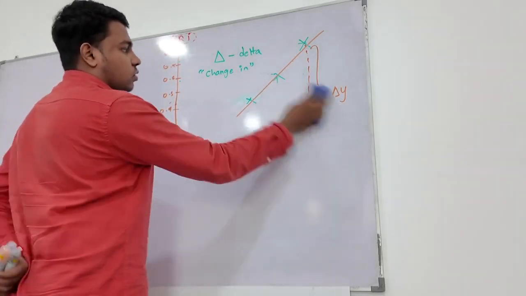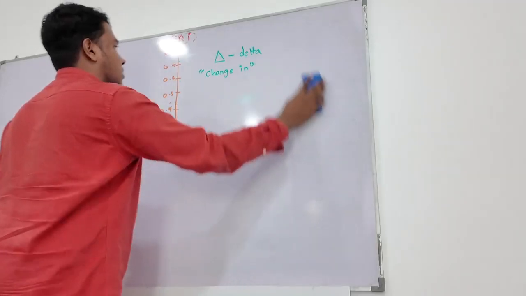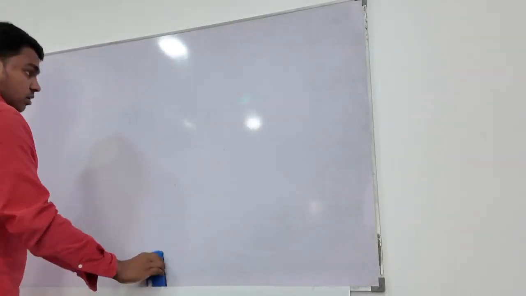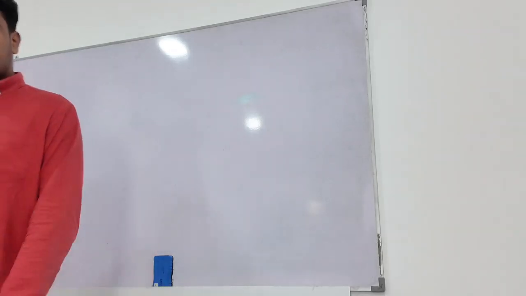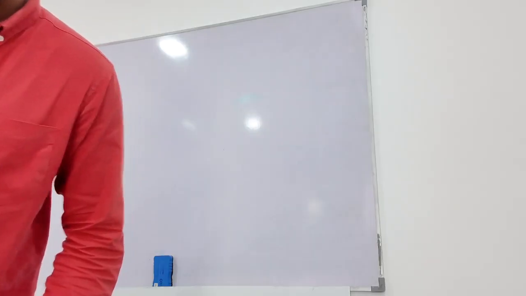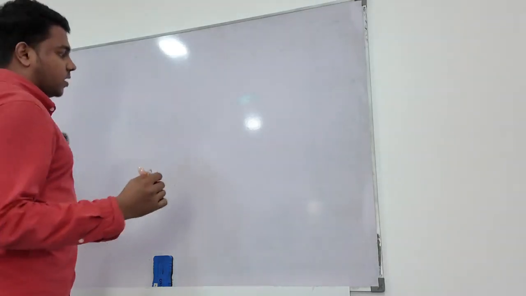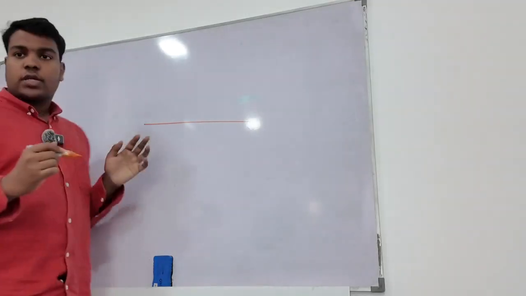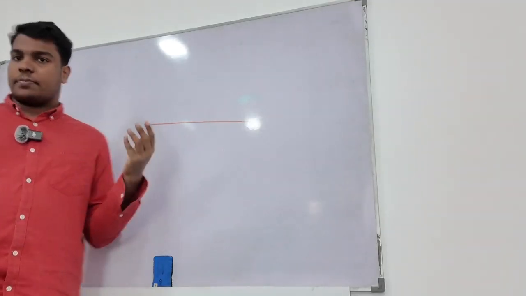Right. So this is what happens here. When a light ray is traveling, especially during refraction, we define two types of media called dense and rare medium.